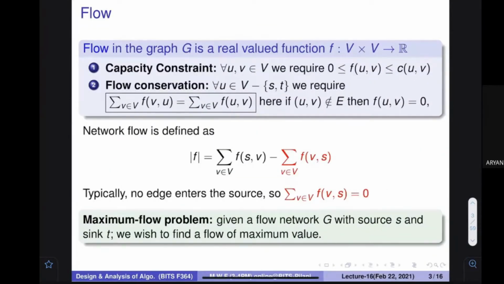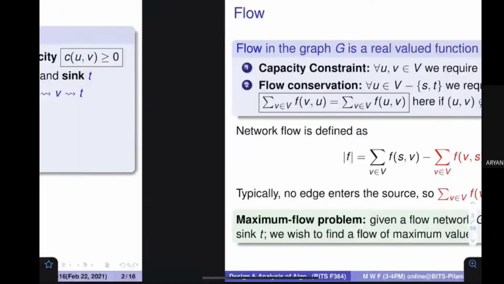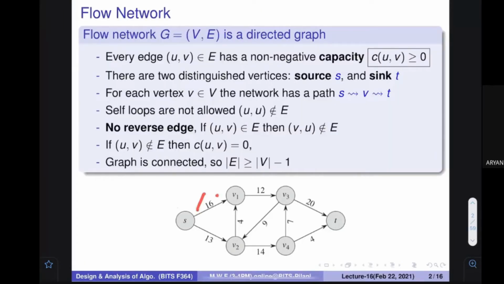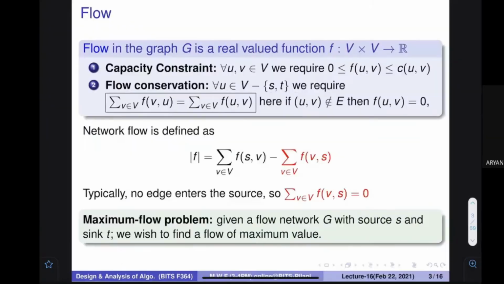So we want to understand what I mean by flow. When you say that this much I am sending from here, then we are going to represent it as a flow. By mathematical formulation we are going to denote this flow by the value f.